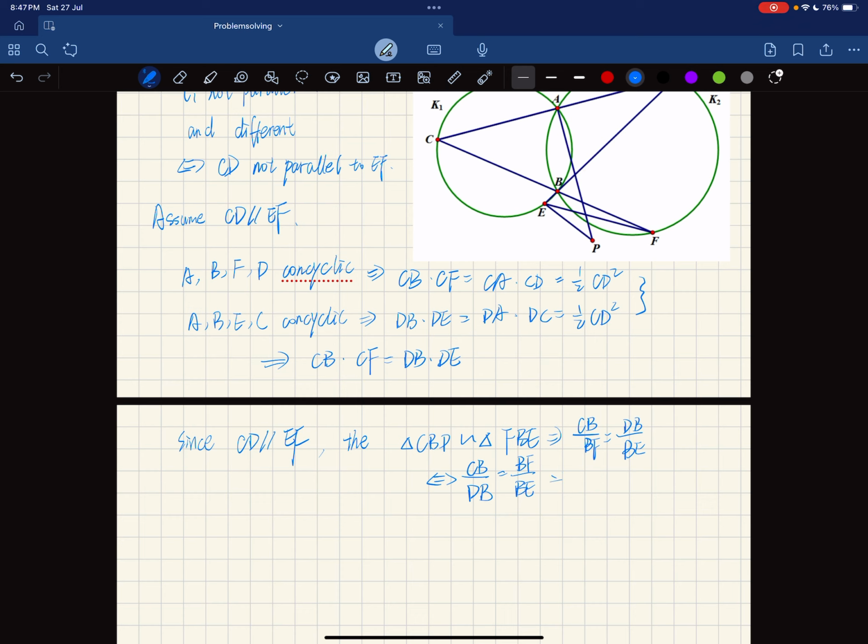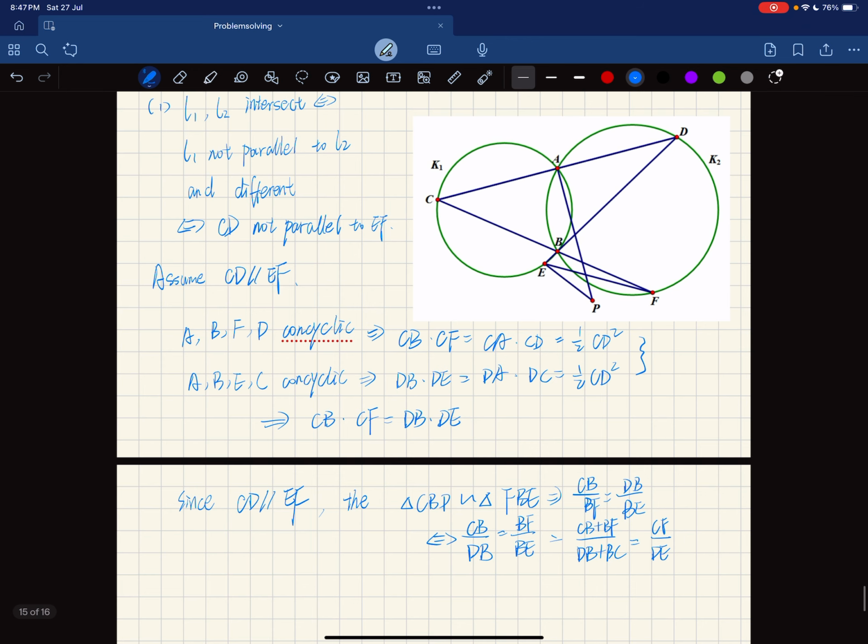So it also equals what? CB plus BF over DB plus BE. That is easy to prove. So what will that lead to? Of course, that is CF over DE, right? Where did I write wrong?